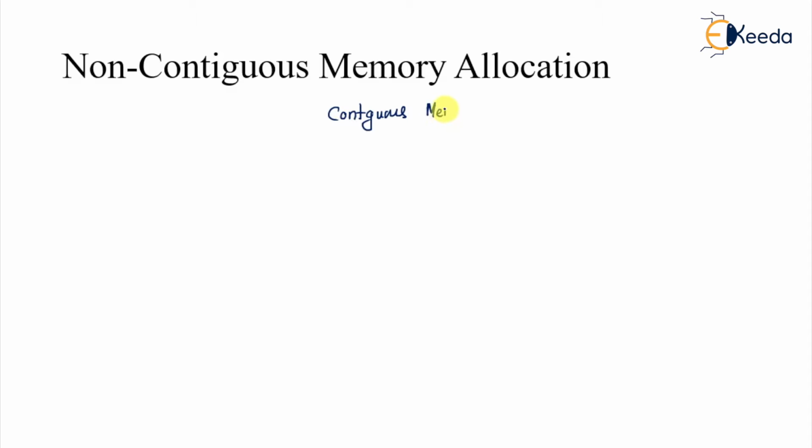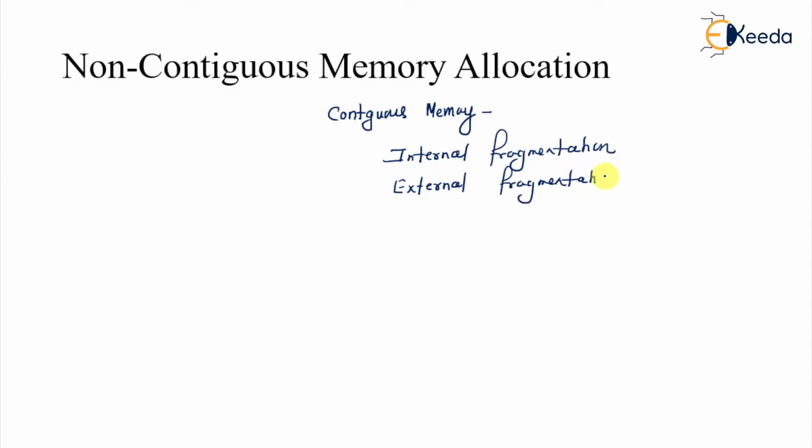Contiguous memory allocation suffers from the problem of internal fragmentation as well as external fragmentation. One of the severe requirements here is that the memory should be contiguous.